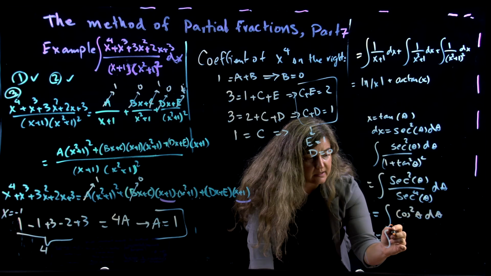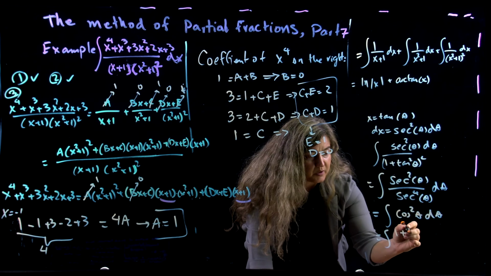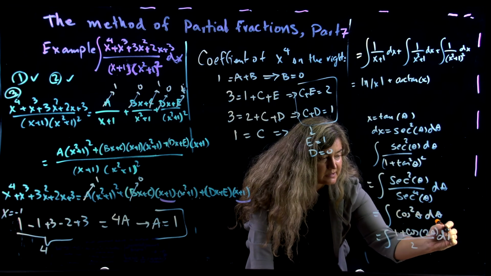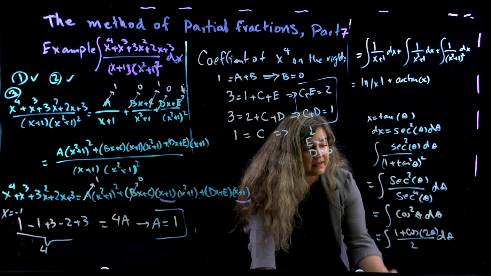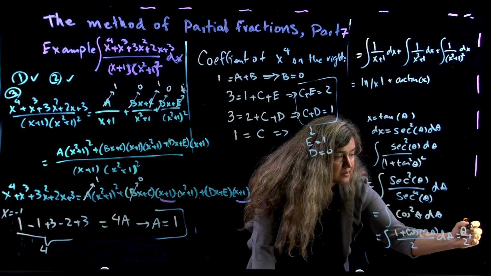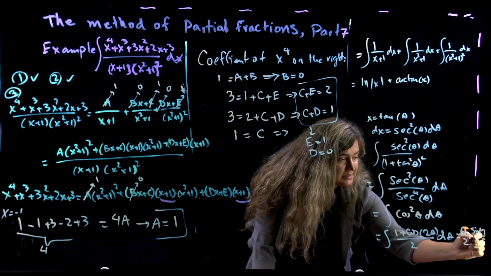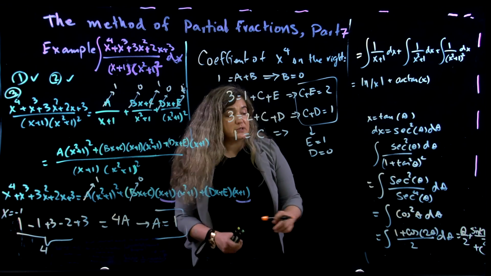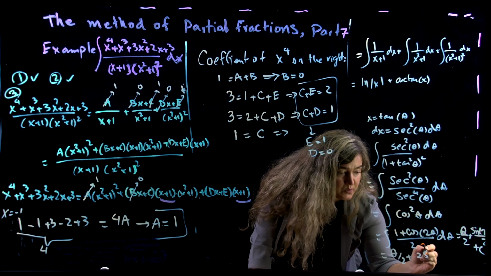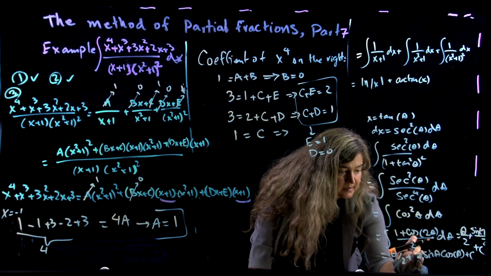That is the integral of, using the trig identity, 1 plus cosine 2 theta divided by 2 d theta, and that is basically theta over 2 plus sine 2 theta divided by 4, plus c. And now sine 2 theta is equal to 2 sine theta cosine theta, so theta over 2 plus 2 sine theta cosine theta divided by 4, plus c.